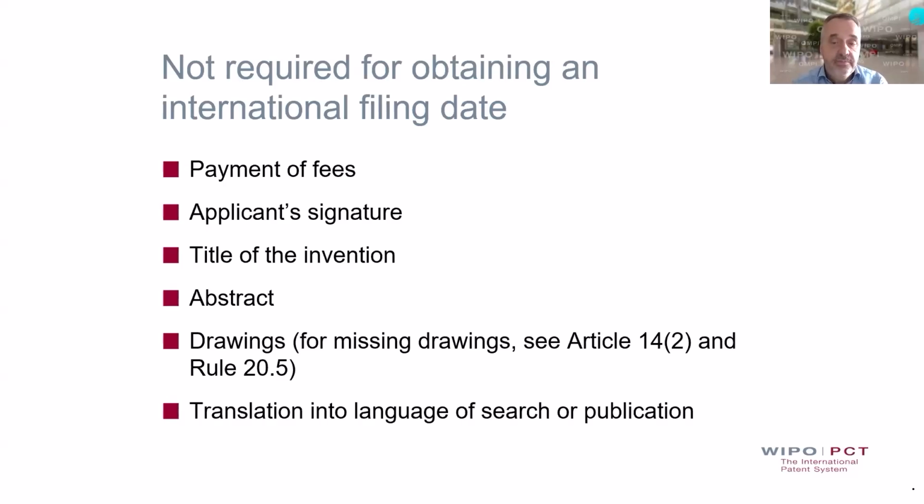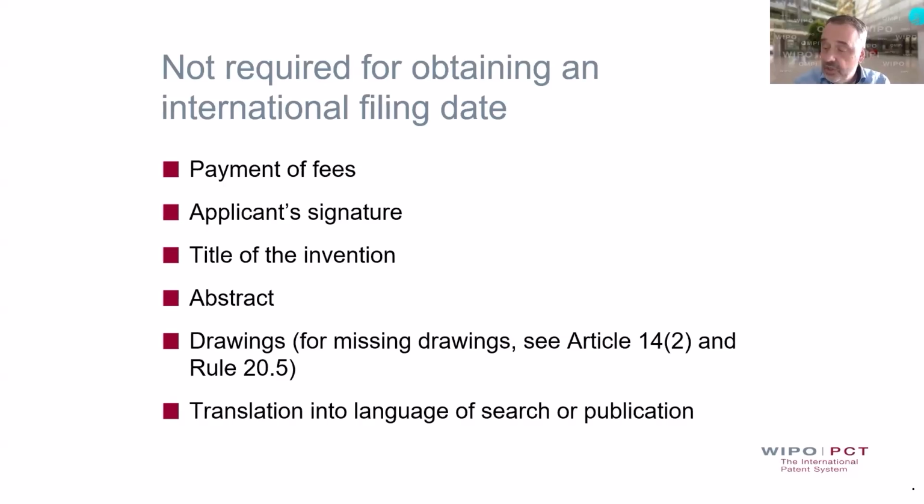Drawings are also listed here as something that is not absolutely necessary to get a filing date. That's a little bit surprising maybe, because drawings are really one of the best ways to disclose your invention. Think of a mechanical case where drawings are really essential. So it's a bit surprising that they're mentioned here, but why are they mentioned here?